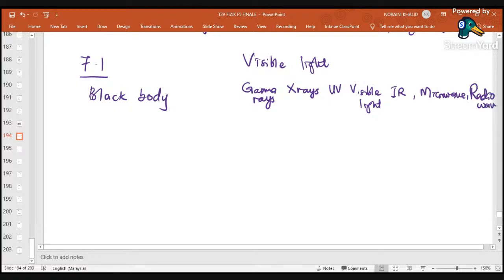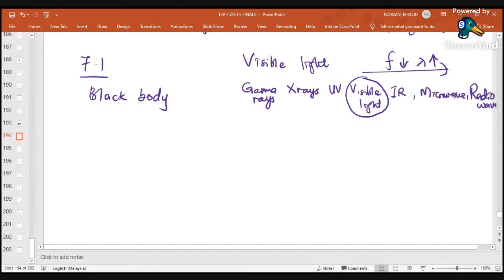So all arranged according to wavelength and frequency. So you can see from gamma to radio wave, frequency decreases, the wavelength increases.